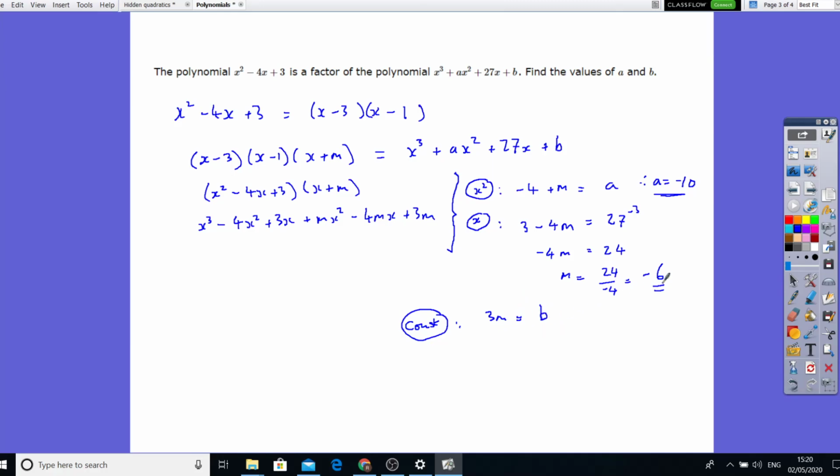And I know that m is minus 6, so therefore b is going to equal 3 times minus 6, which is going to give me minus 18. So all we need to do is find the values of a and b. Therefore, as you can see, a is equal to minus 10 and b is equal to minus 18. Sweet.